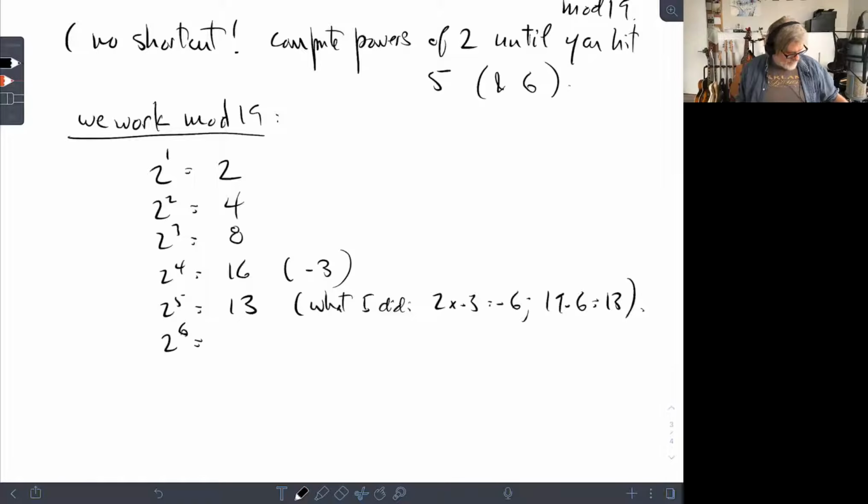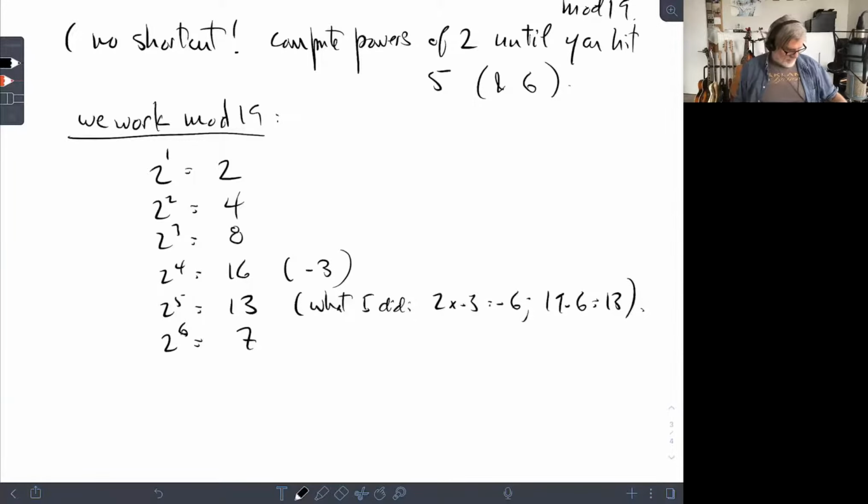2 power 6. 2 times 13, there's really no faster way, I think. So 2 times 13 is 26, which is 7 mod 19. Is that correct? You don't want to mess up, because then it's just a domino effect. Everything after that is wrong.